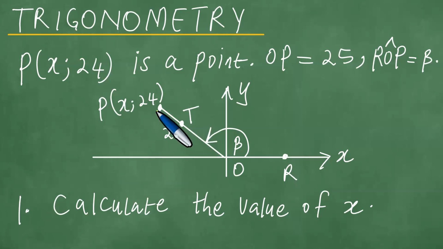Right, so at this point, we perform a construction here. If you perform a construction, this is x and this is y. So y is 24.